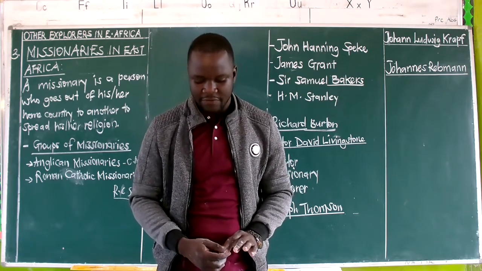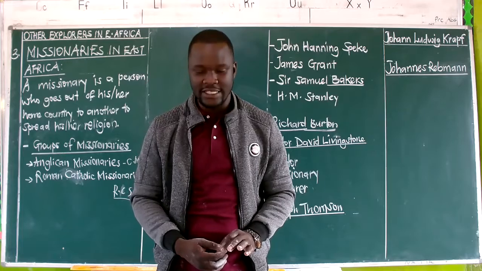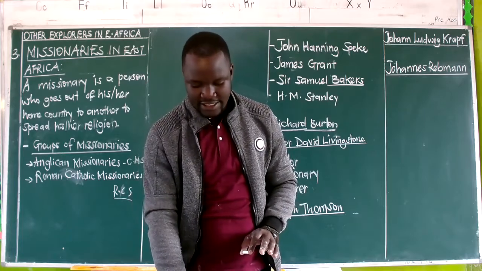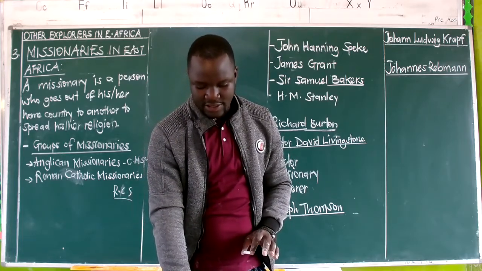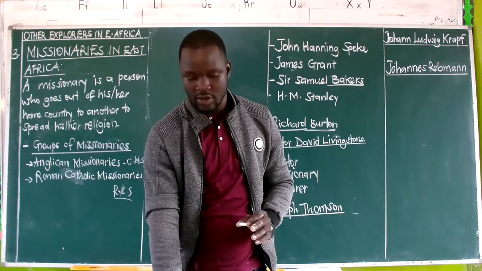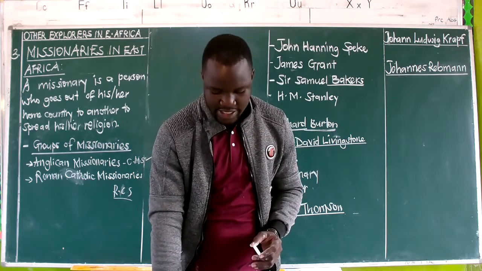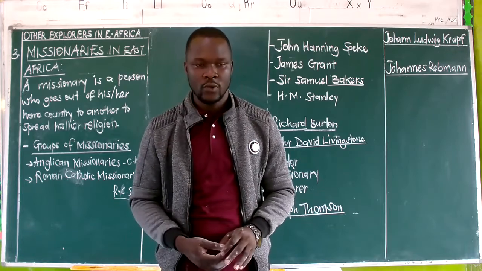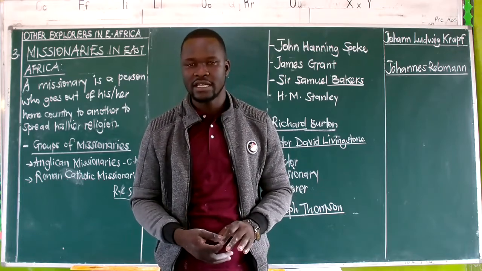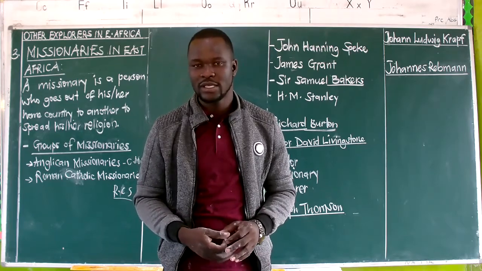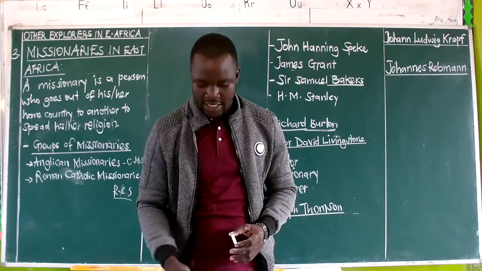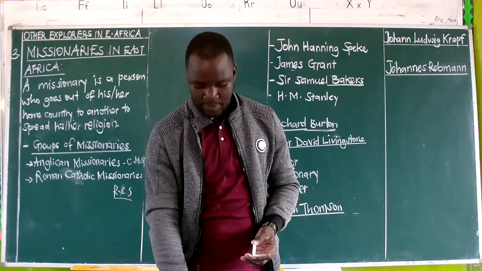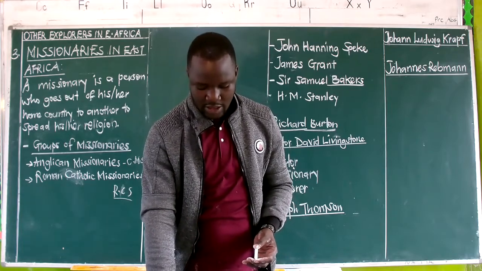We have Krapf building the first mission station in East Africa, a mission station for conducting prayers. We also say that he translated the Bible into Kiswahili, which was to help the people of East Africa to understand the Word of God easily. So that is about Ludwig Krapf.